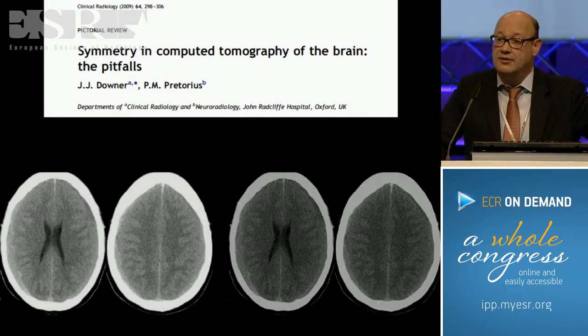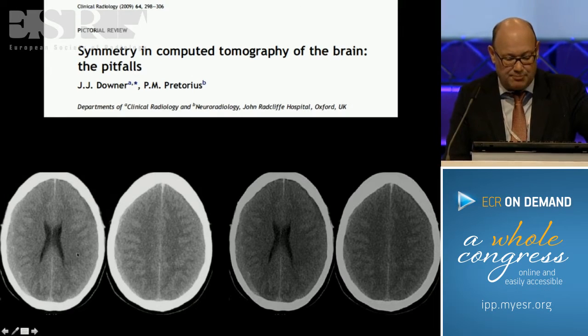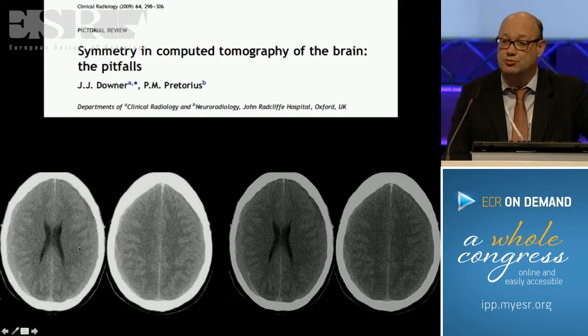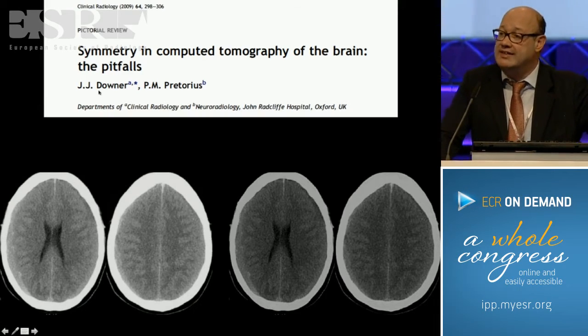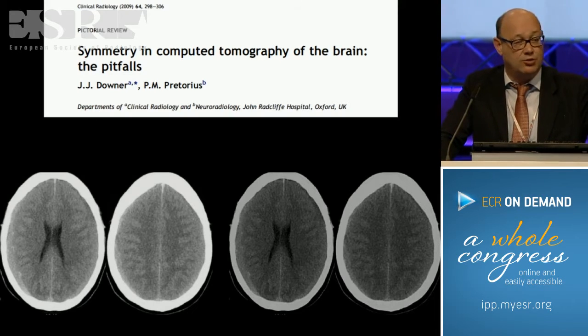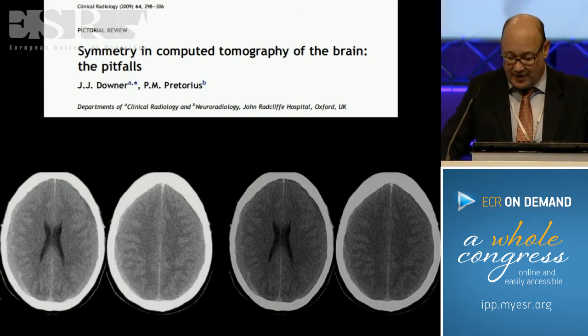However, many diseases may present with symmetrical abnormalities. And I took this example to show you. These are bilateral isodense subdural hematomas taken from the paper from Downer and his colleague, showing that if the disease shows symmetrical abnormalities, it will be very difficult for you as a radiologist, and it can be tough to find the abnormality.